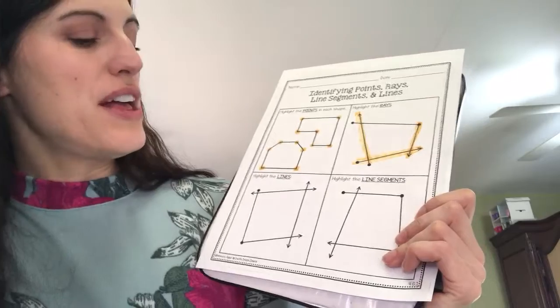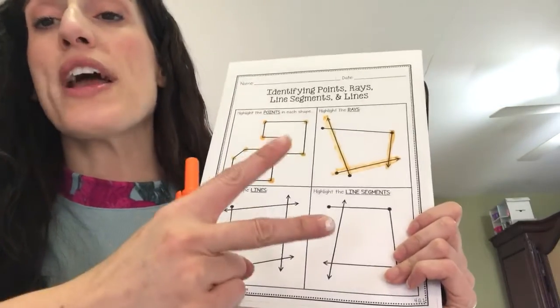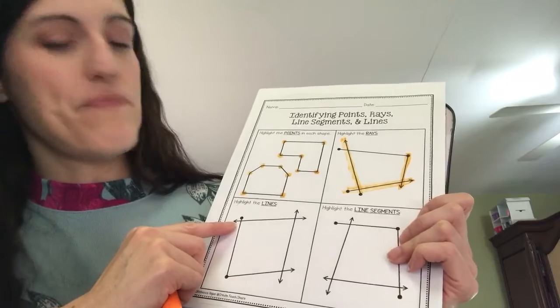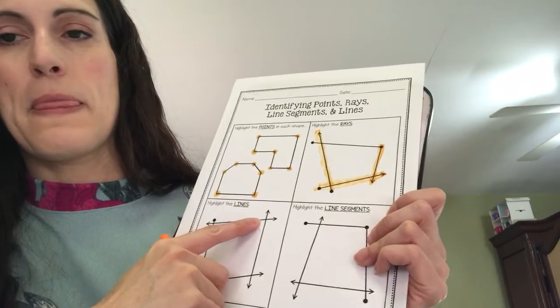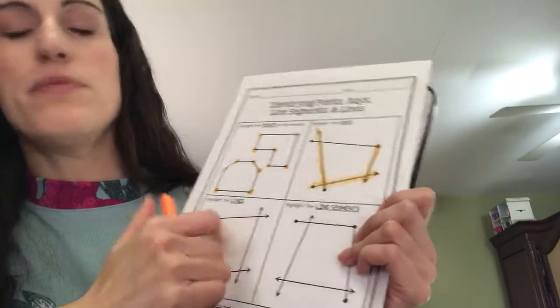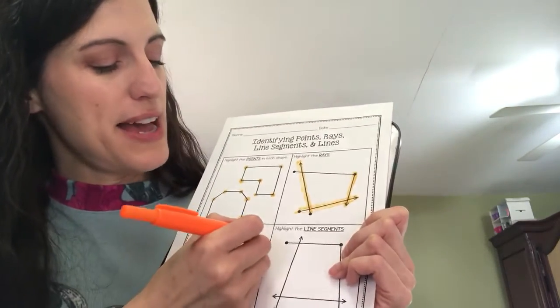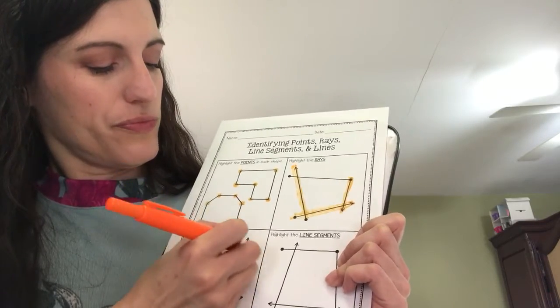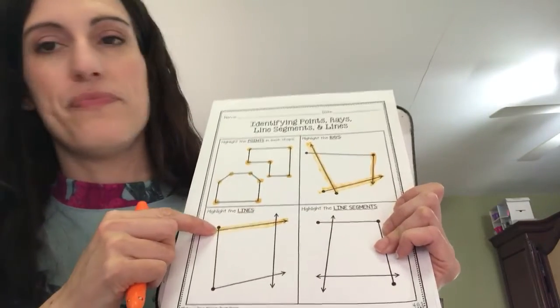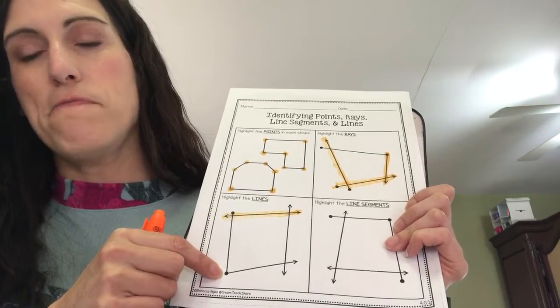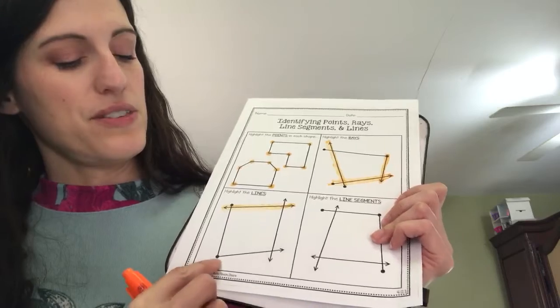Now remember, a line has two arrows, okay, at both points. So let's look at this one. Arrow, arrow. That one would be a line, so we highlight that. Let's look at this one. No arrow, no arrow, nope. Let's look at this one.